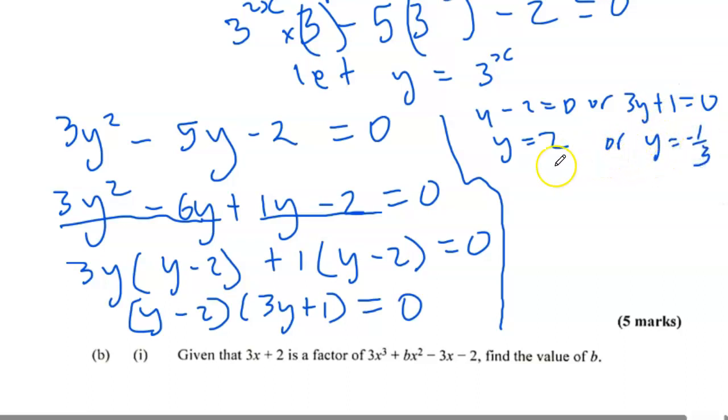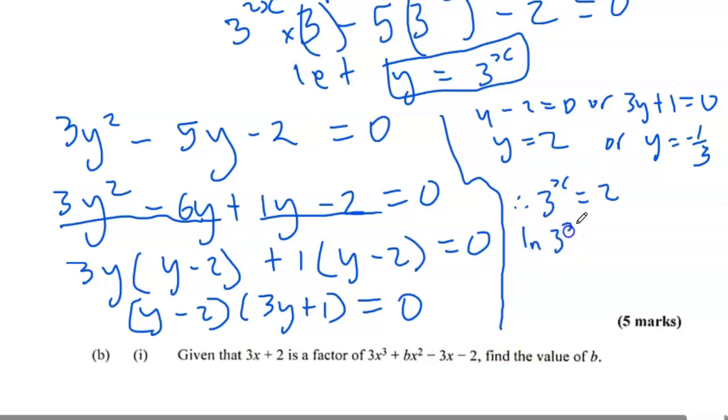So we know that y is equal to 3 to the power of x, so therefore 3 to the power of x is equal to y, and the value of y is 2. We can take natural logs of both sides, so ln 3 to the power of x equal to ln 2, which means x ln 3 equal to ln 2.